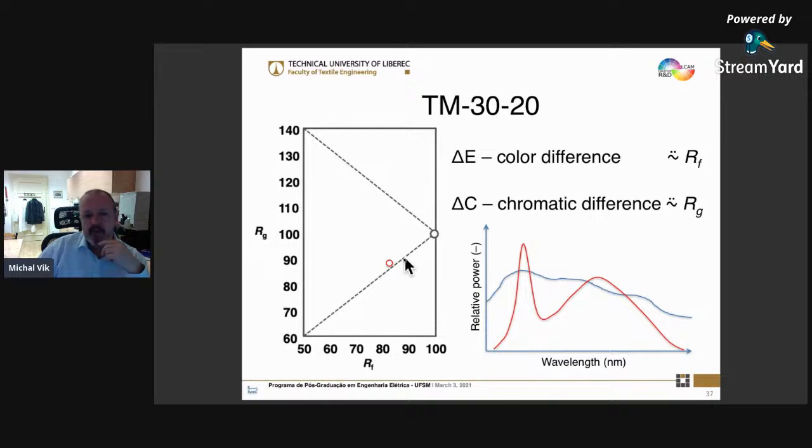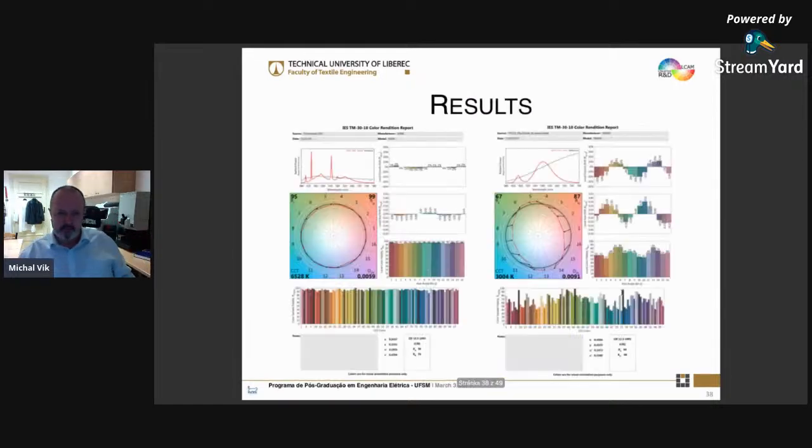And via that, you can see we obtain a little bit lower Gamut Index, and of course also a little bit lower Fidelity Index, because there is a relatively huge difference between these two sources. If you look at a report from this method, inside the report you will obtain not only these two numbers.